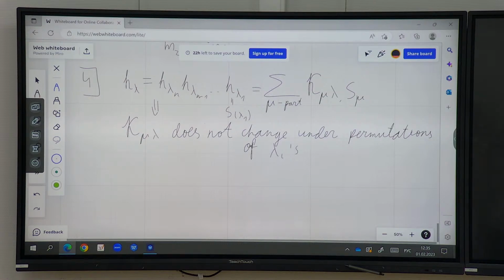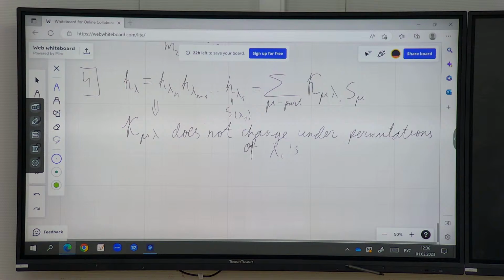Тут какая-то индукция. База индукции: очевидно, что h лямбда это то же самое, что s лямбда, K лямбда лямбда это 1. Значит, получается, что h лямбда равно s от строчки. Это понятно, да?